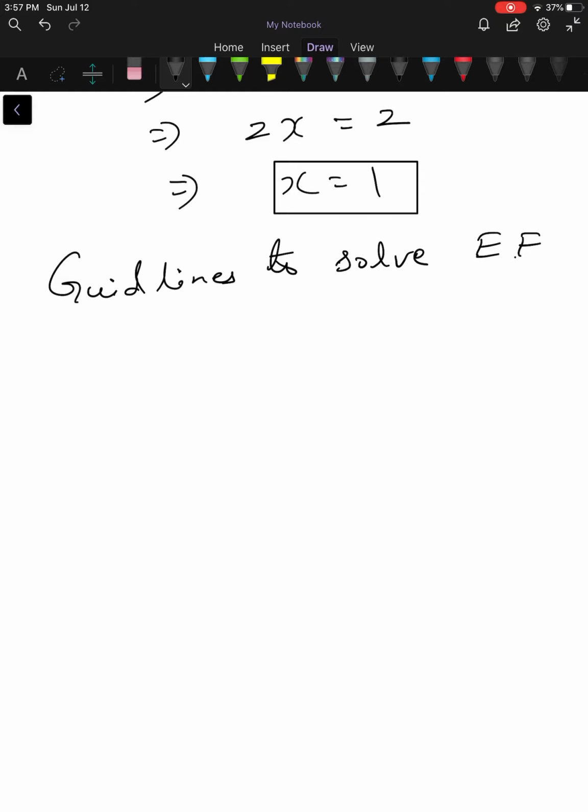The first step is to isolate the exponential expression on one side of the equation.